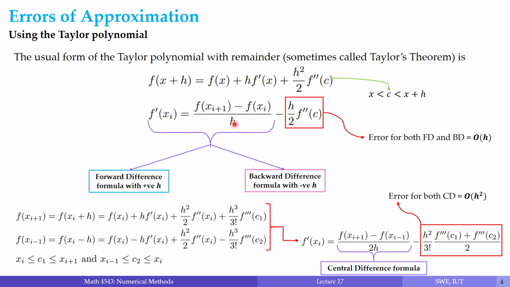Whatever error we incur for the forward and backward difference formulas will be on the order of h. Let's see how we get that. Our first job is to take the Taylor series and come up with a formula for the forward and backward difference. Our goal was to get f prime of x.